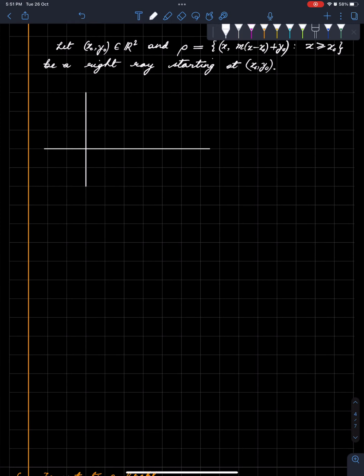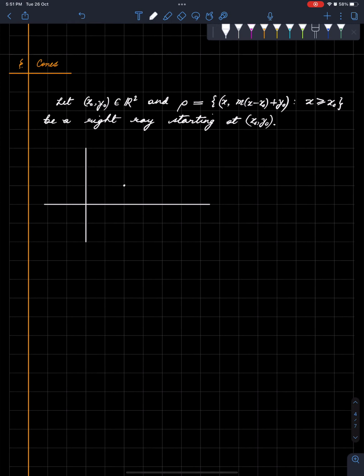So let me first draw a picture. So this is x naught comma y naught, and let's say this is a right ray. Okay, so what I want to do is define a set of this sort. It's like a cone, a union of so many of these kinds of rays.